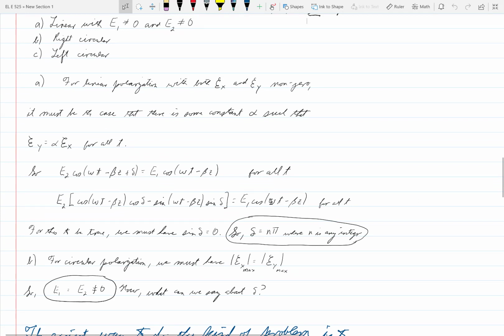The equation of a tilted line would be Ey equals alpha Ex. Remember, Ey is E2 cosine of (omega t minus beta z plus delta), and Ex is E1 cosine of (omega t minus beta z).